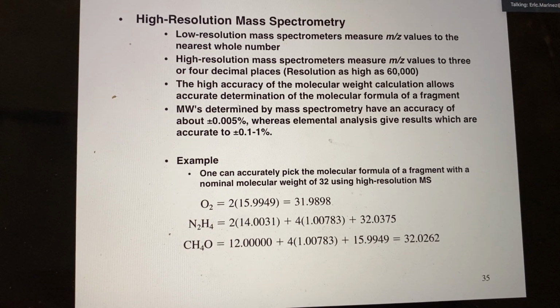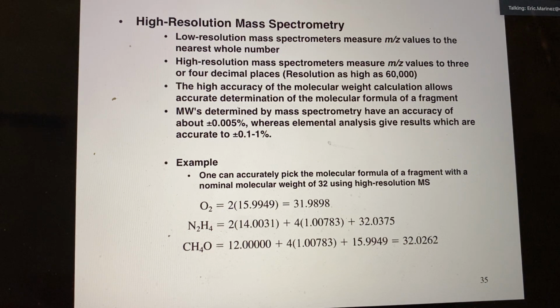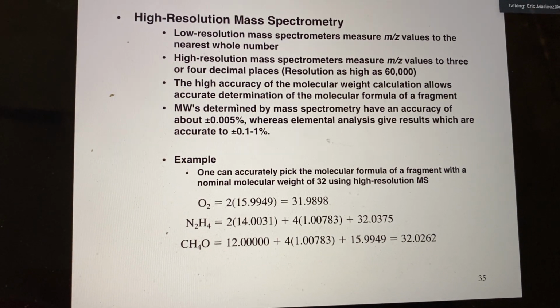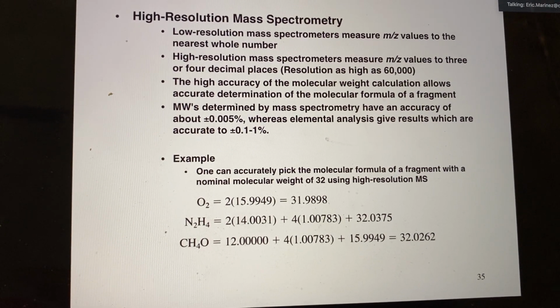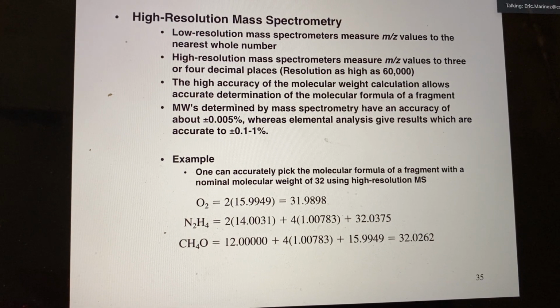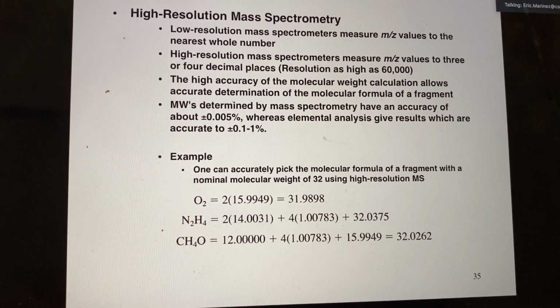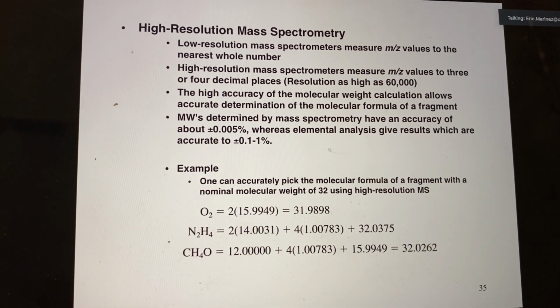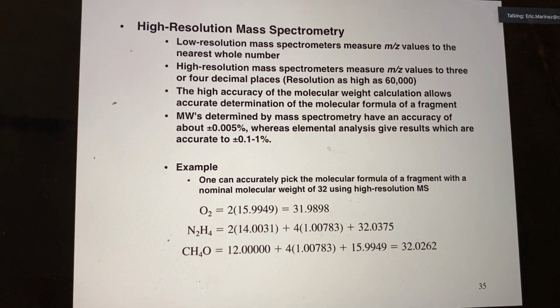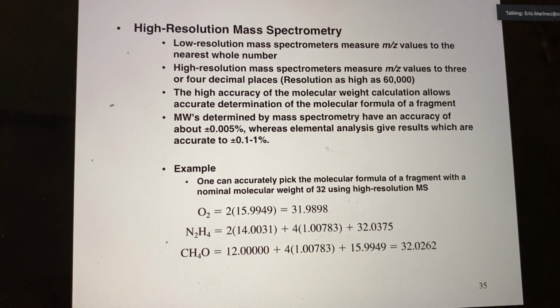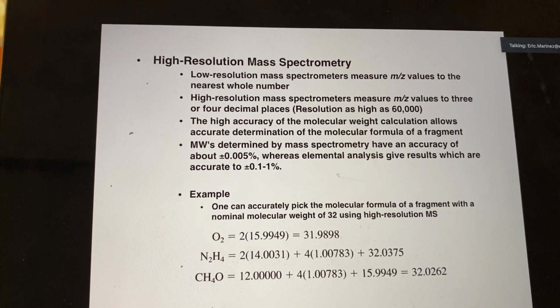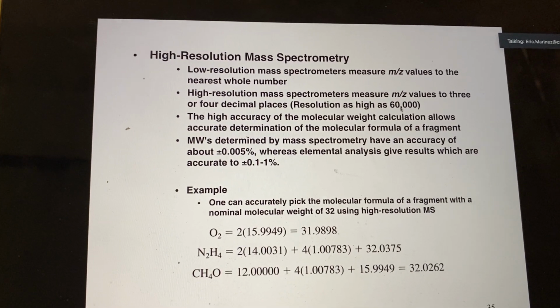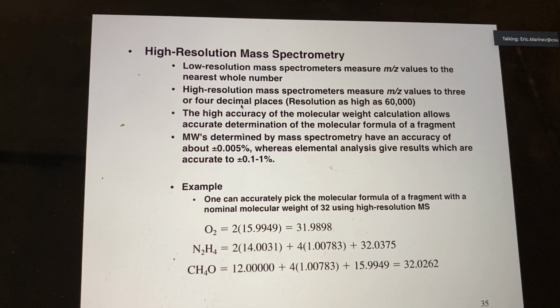So I was using low resolution mass spectrometry. Chemists today have access to a technique for determining really accurate molecular weights. You could do this using higher resolution, which is called high resolution mass spectrometry. This permits you to determine molecular weights to 3 or 4 decimal points.